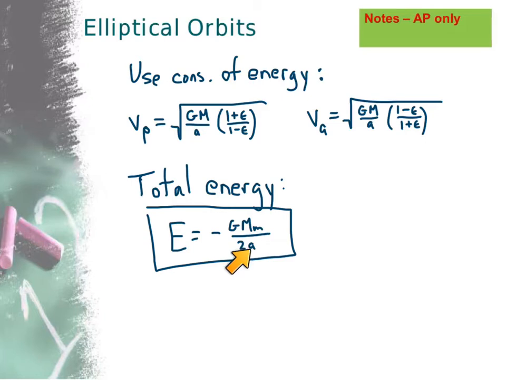So if you know the semi-major axis, you can compute the total energy the planet will have anywhere in its orbit, and if you know its radius at any point in its elliptical orbit, you can figure out what its velocity has to be at that position, just like you would with a circular orbit.